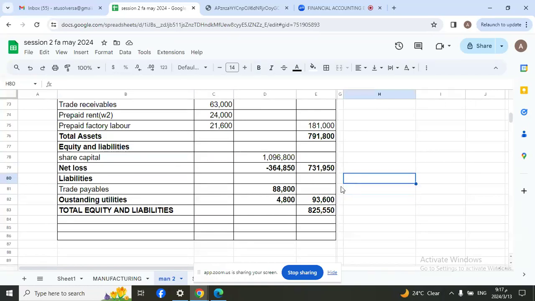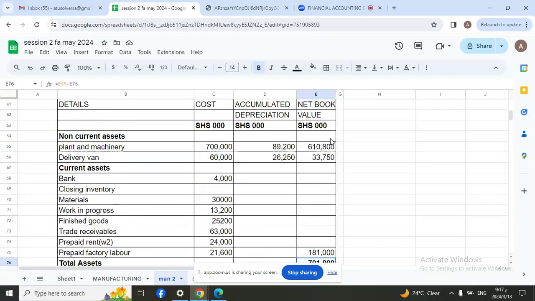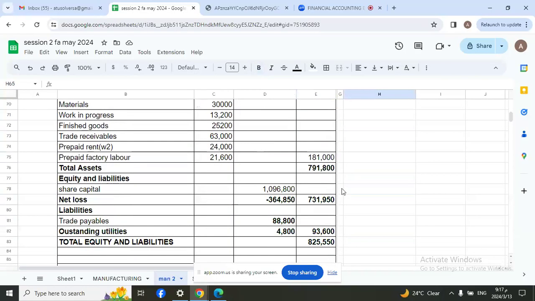So, sir, where have we missed? Our total assets, your answer is wrong. Because for me, when I added, I got 550. You got how many? 825,550. I was actually wondering where you got 791 from.